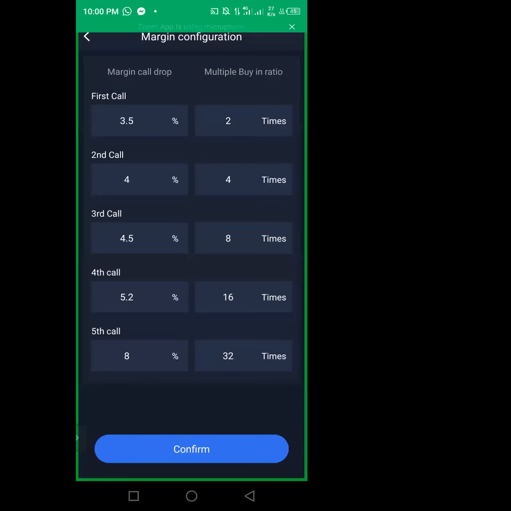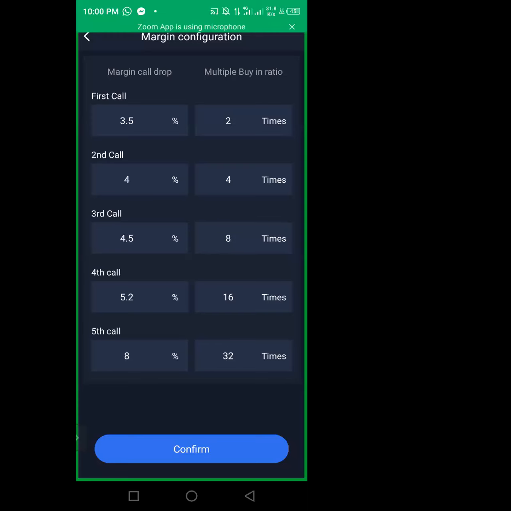When the coin drops by minus 3.5%, it activates this first margin. When it drops again by 4%, it activates the second. When it drops again by the third percentage, it activates the third. When it drops again by the fourth, it activates the fourth. When it drops again by the fifth, it activates the fifth. So the left part is for the dropping percentage of the coin.